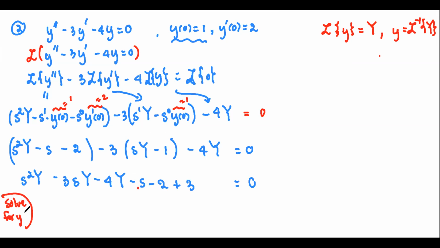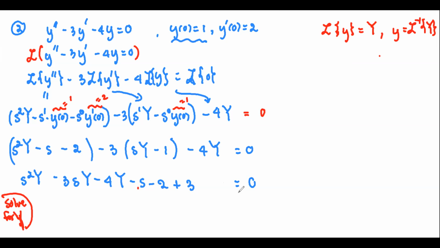If we solve for Y, we're going to leave not the lowercase y, but uppercase Y. We're going to leave the capital Y terms together on one side, and the non-Y terms on the right-hand side. So this becomes negative s plus 1 and moves to the right-hand side.